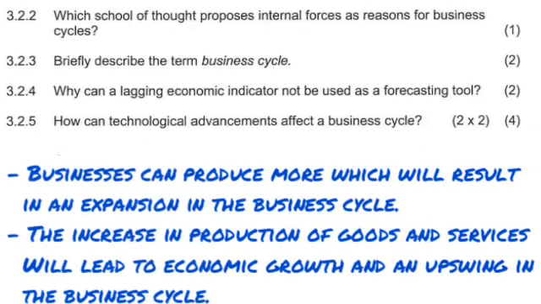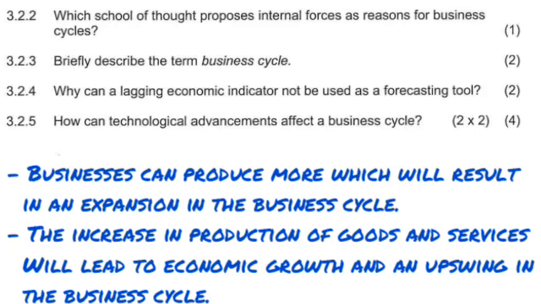The moment you can increase production, that will help the business cycle advance. So business can produce more, which will result in expansion of the business cycle. The increase in production of goods and services will lead to economic growth and an upswing in the business cycle, because it means that we can put out our outputs faster.